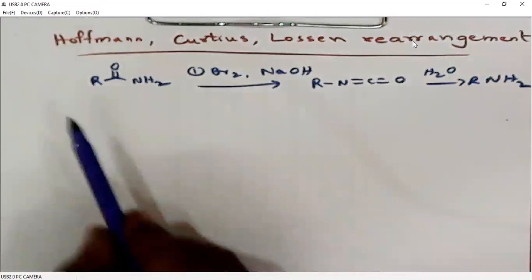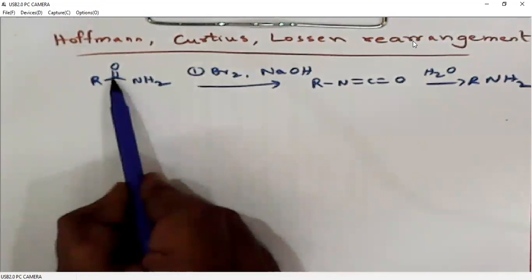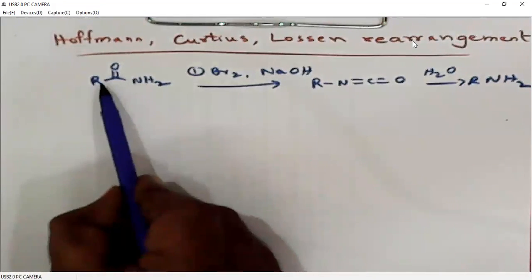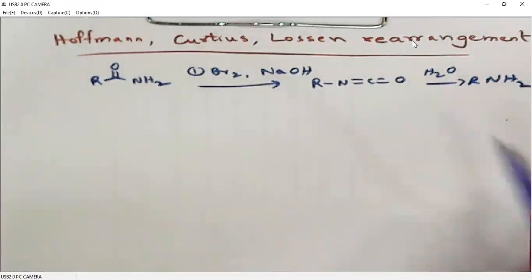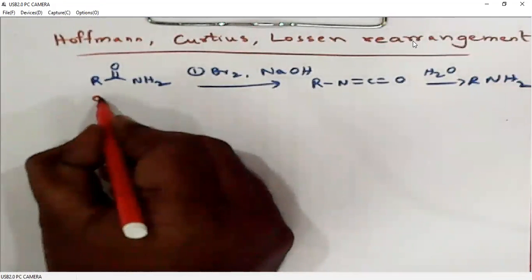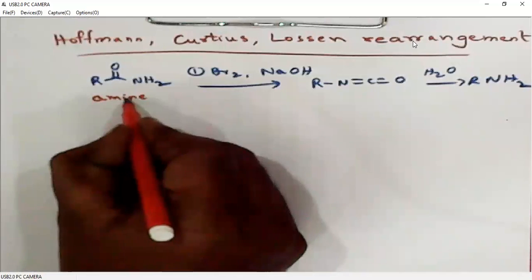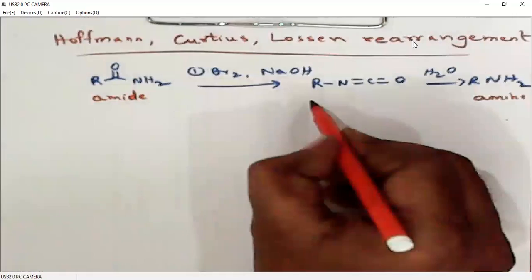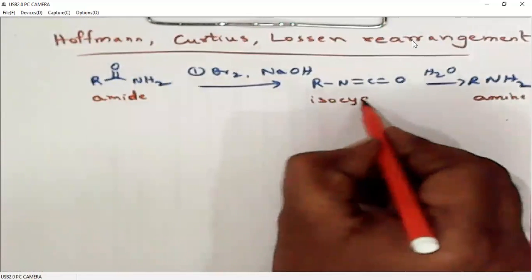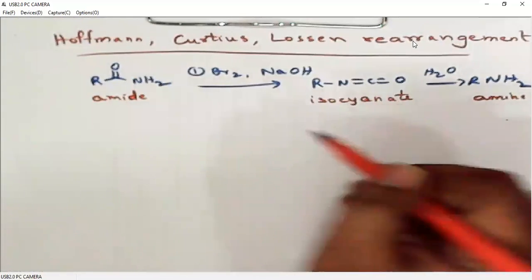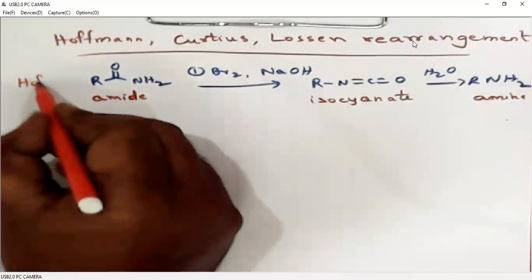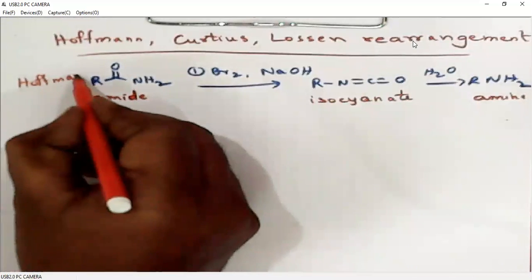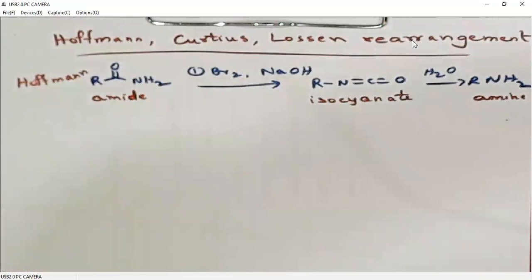So what we are doing is decarboxylation. C double bond O is lost, right? Amides can be converted to amine via isocyanate. This is what is called Hofmann rearrangement.